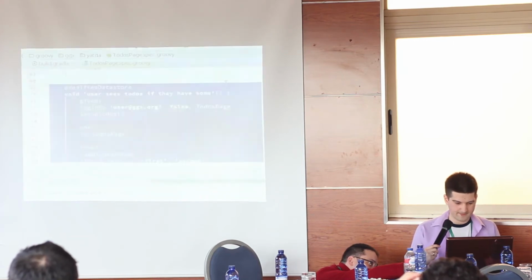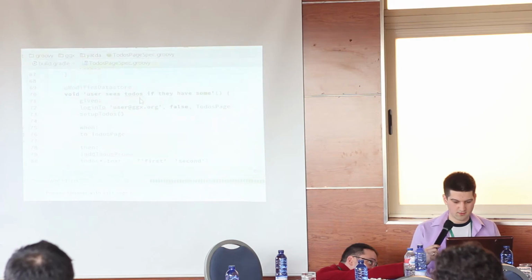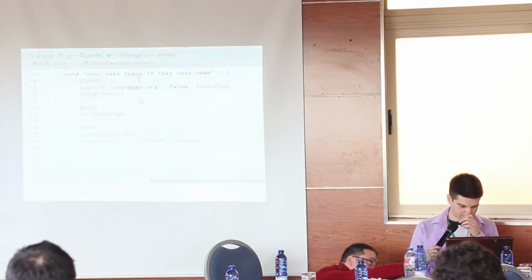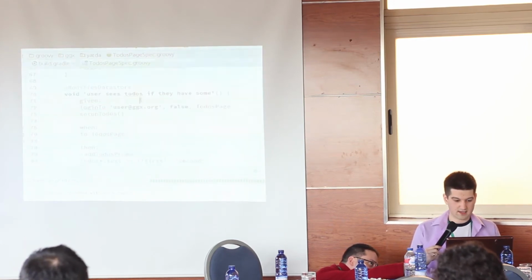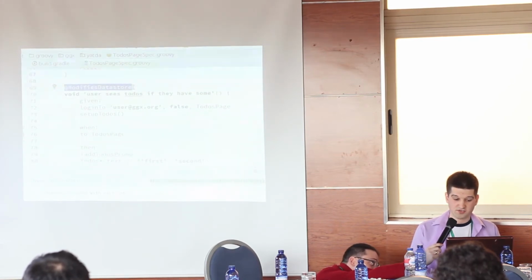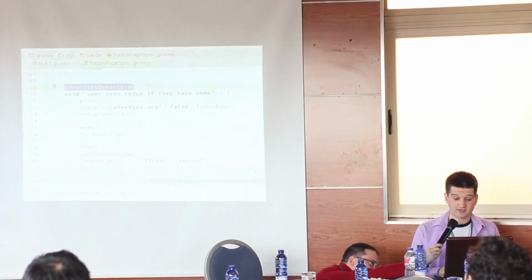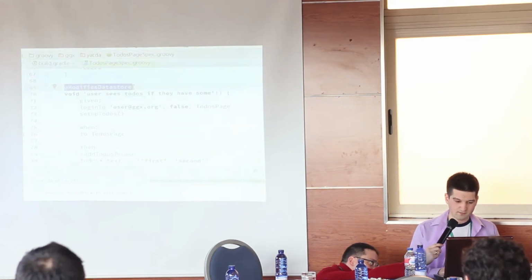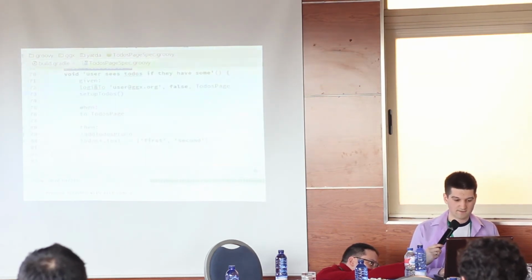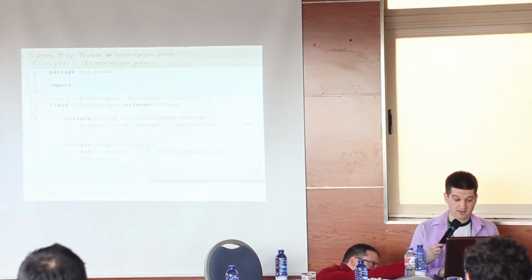As I told you before, we already have some tests over here. And over here we can see how the modifies data store annotation is used, which basically says that this test modifies the data store and please clean up after the execution of that test has finished. We are simply logging into the application first. This is provided via the login category, which comes from Gaelyk Functional Test Tools.